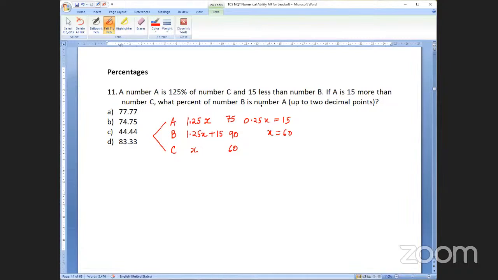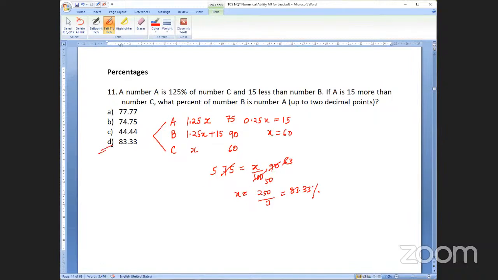What percent of B is number A? Let A be x percent of B. Then we just need to find the value of x here. 75 by 90, and x will be 250 by 3, that is 83.33%.